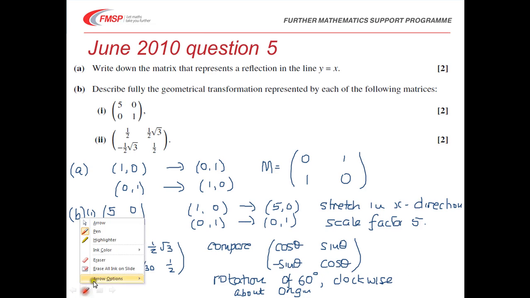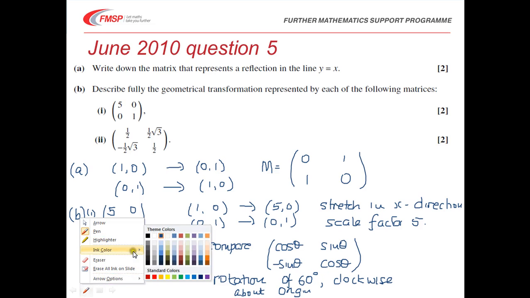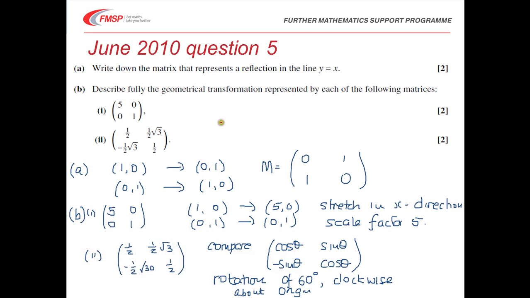So in total we had 6 marks, so let's just have a little look at how those marks are allocated. We got literally 1 mark for each of these columns, 0, 1 and 1, 0, and it's a B mark because you were just told to write it down. So 1 mark for each column.